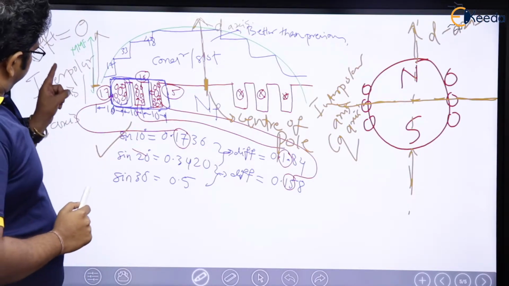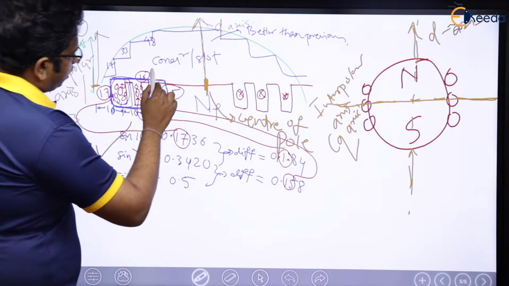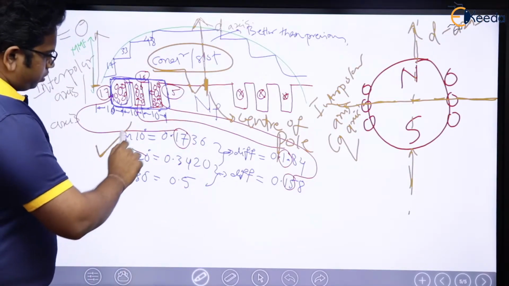Again, from the interpolar axis to the center of the pole, conductors per slot are reduced depending on the sine function.